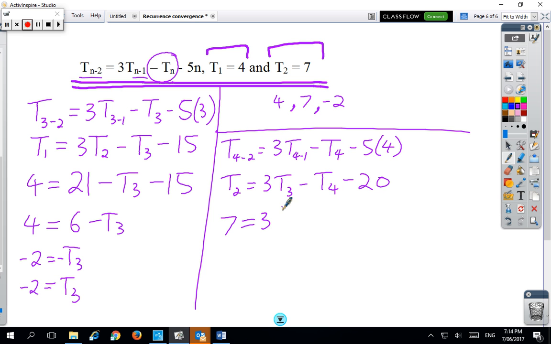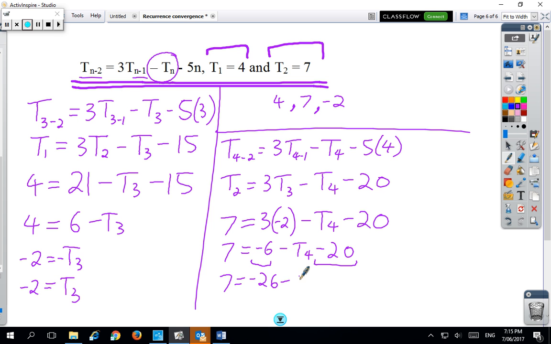So 3 lots of negative 2 minus T4 minus 20. So 3 lots of negative 2 is negative 6. Negative 6 minus T4 minus 20. These two numbers can go together to make minus 26. And then I rearrange by adding 26 to both sides, so it would make 33. 33 equals negative T4. So this one, we swap the signs on both sides, so T4 is worth negative 33.